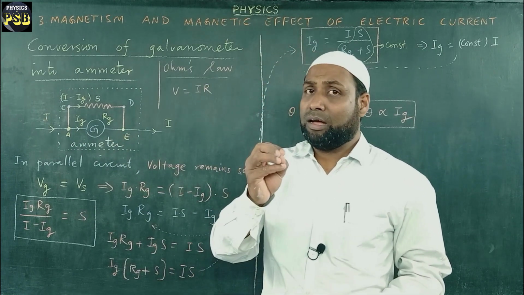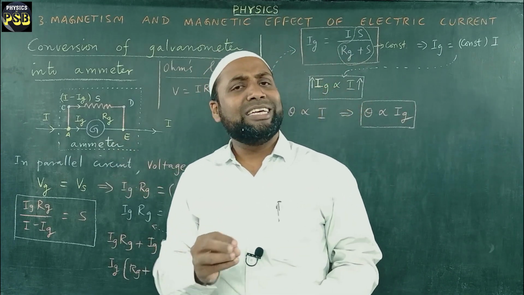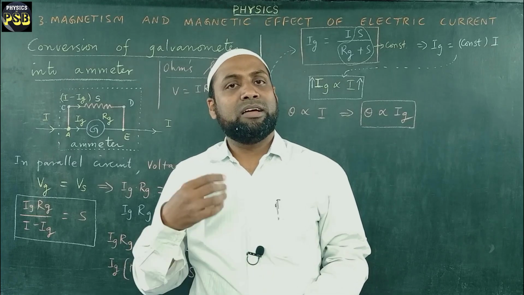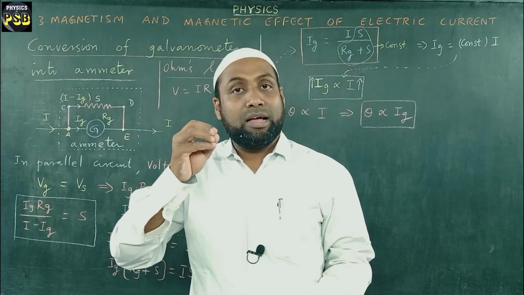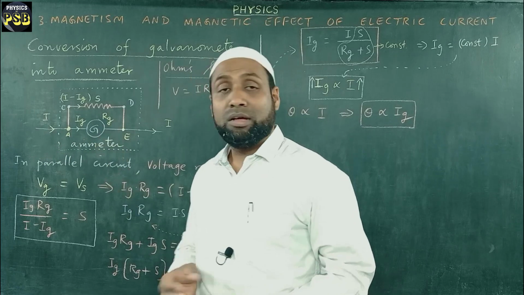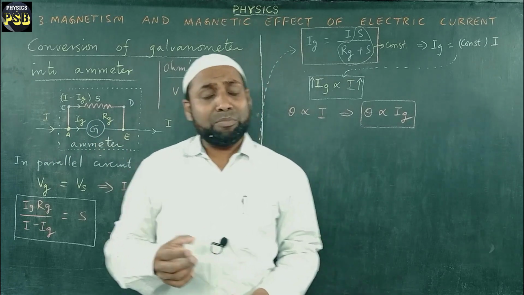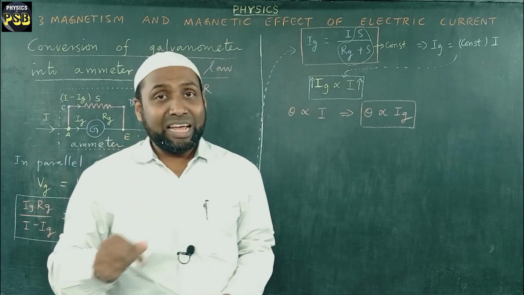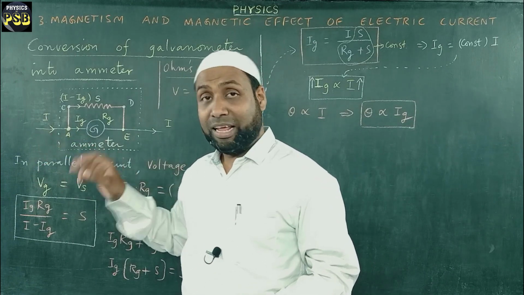So the current that we measure using that ammeter will have a slight difference compared to the current which is flowing through the circuit. It means that the measurement that we obtain will be lesser than the actual current flowing in the circuit.